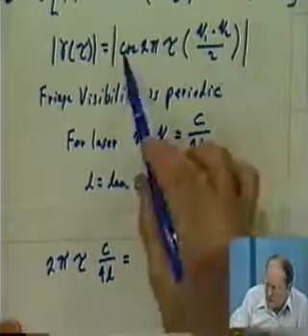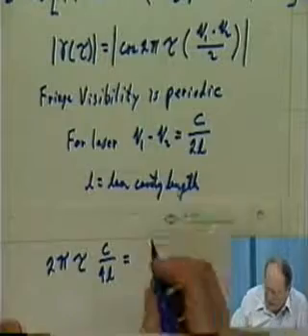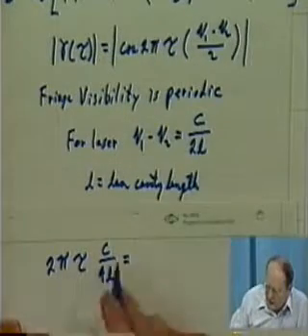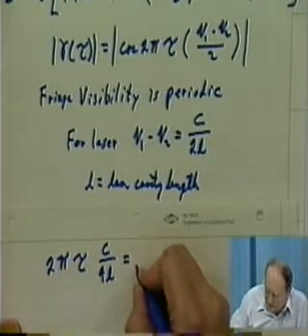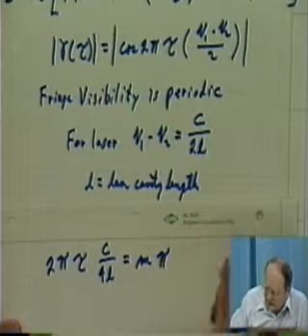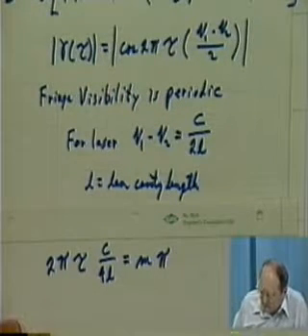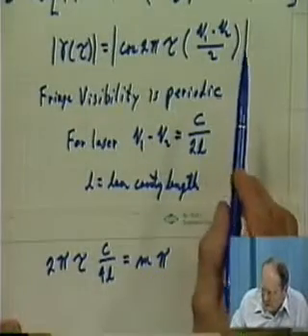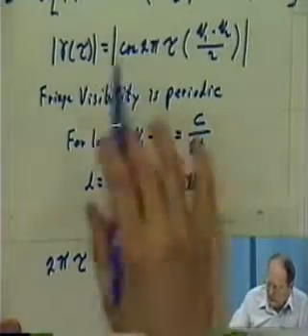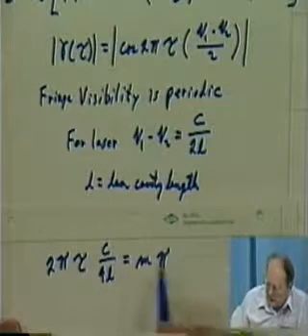And this magnitude here will go through one cycle as this quantity here changes by m pi, 1 pi for one cycle. In general, the magnitude here would be a maximum when this quantity is equal to m times pi.